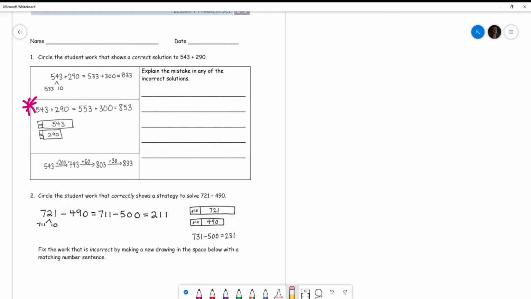Now, if this was 543 minus 290, this is what you would do. But we're not subtracting, we're adding, so it's a little different. So let me put this over here. 543 plus 290.